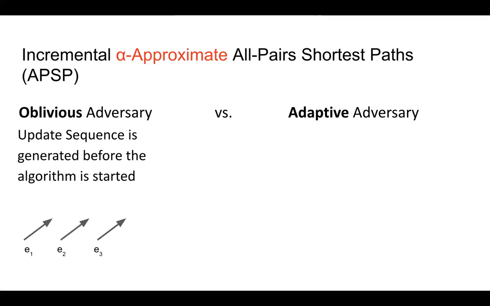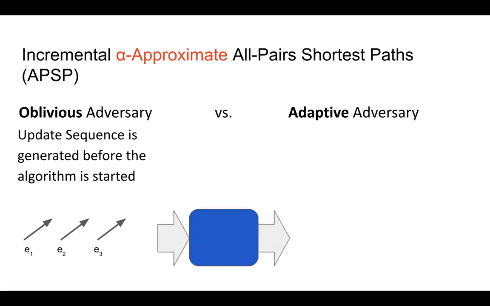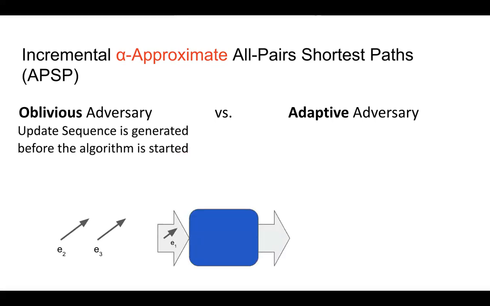You should think of it as just a list of edges being written down by the adversary before you even start the algorithm. And then you feed the first edge into the algorithm, and now you can ask it for different pairs, and then you feed the second edge, and you can again ask for multiple distance pairs and so on, and so on.